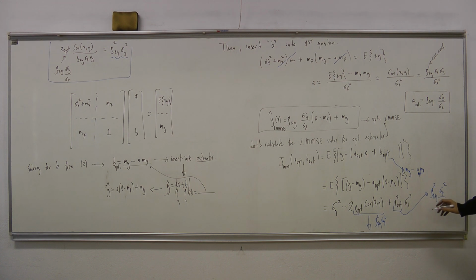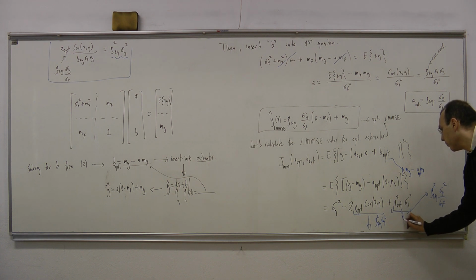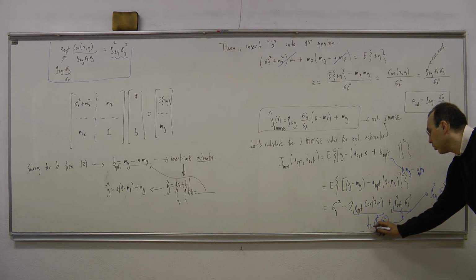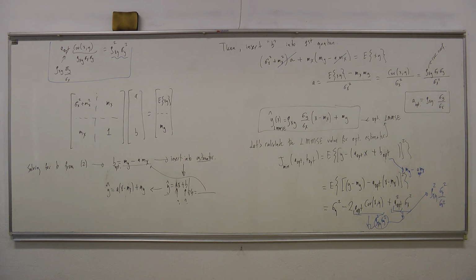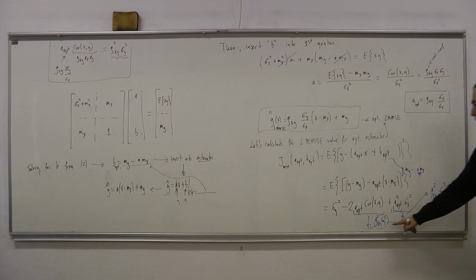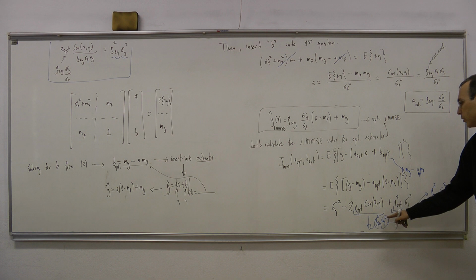And this part is also the same. Both of them are the same, because sigma_x square cancels this sigma_x square. I have the square of the correlation coefficient times sigma_y square. Similarly for this one, both of them are the same.